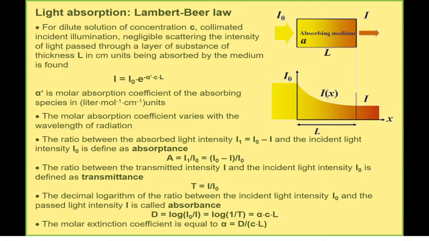The ratio between the absorbed light intensity and the incident light intensity is defined as absorptance. The ratio between the transmitted intensity and the incident light intensity is defined as transmittance. And the decimal logarithm of the ratio between the incident light intensity and the passed light intensity is called absorbance.